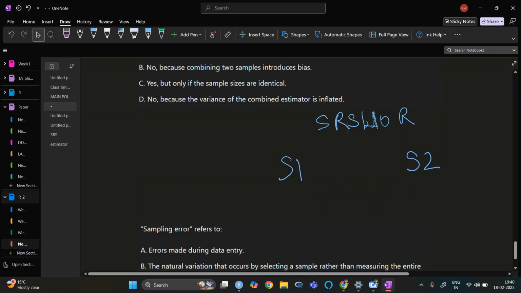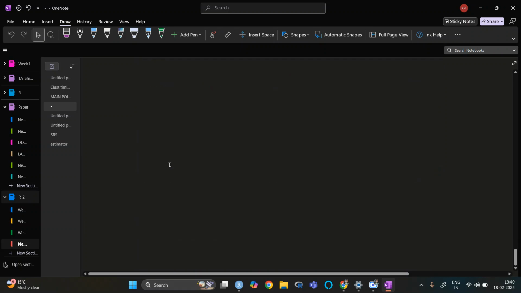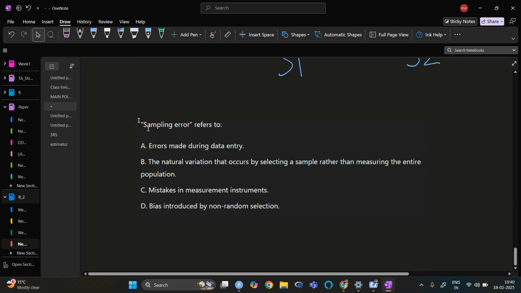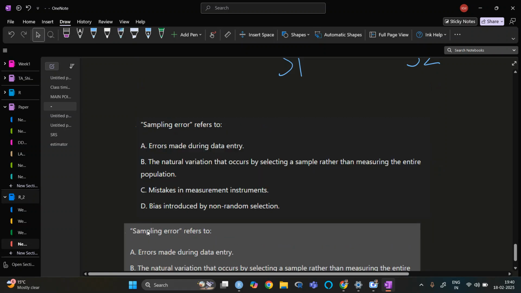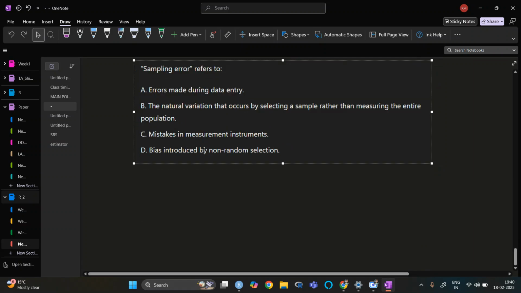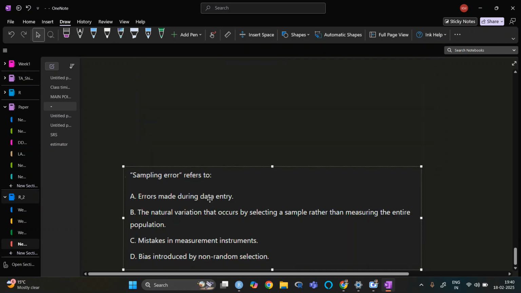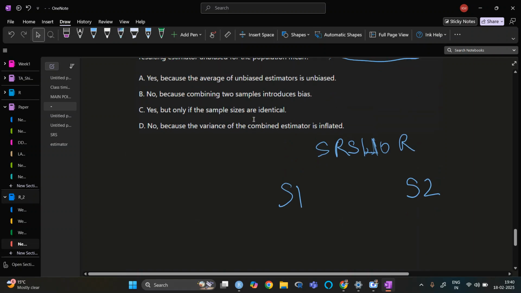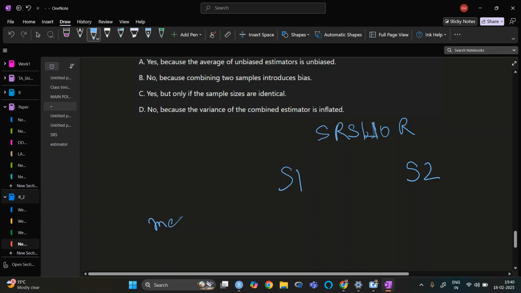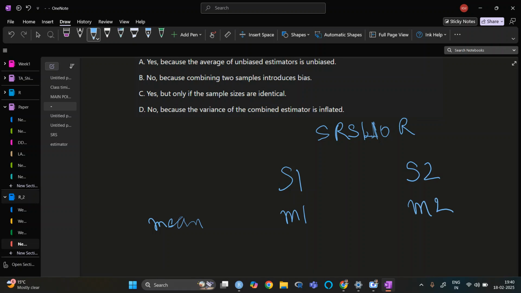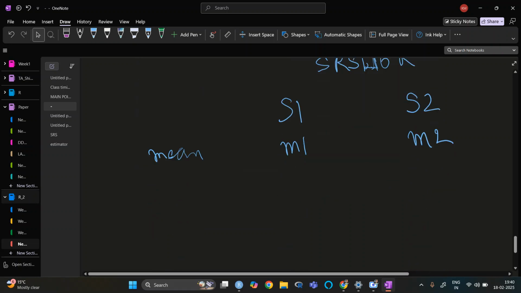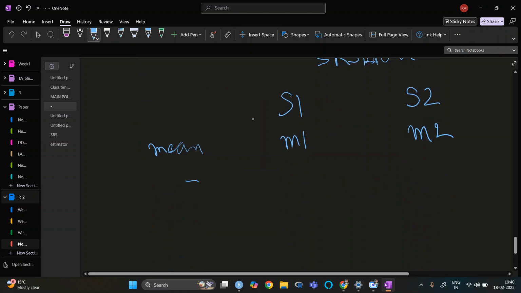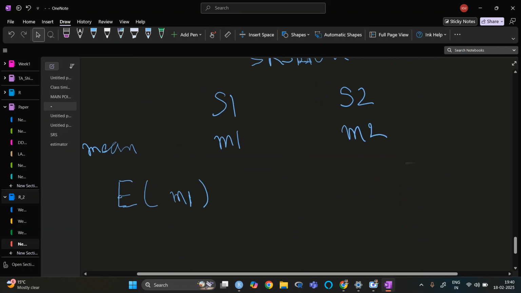Let's say I have one sample S1 and its mean is M1. Here the mean is M2.